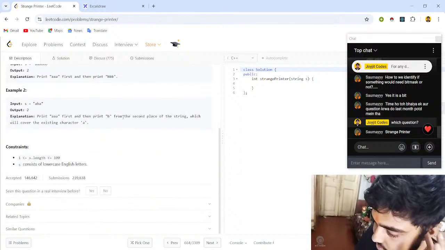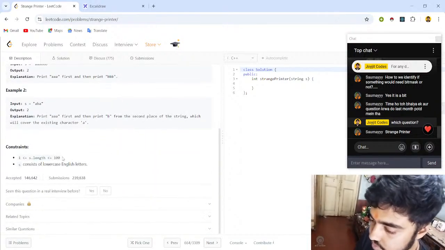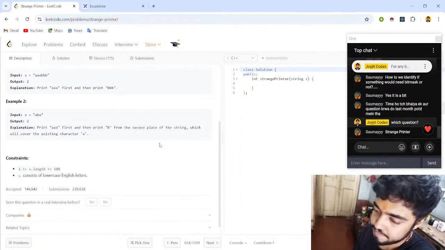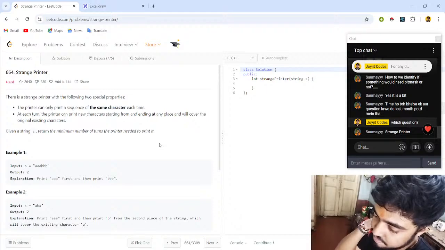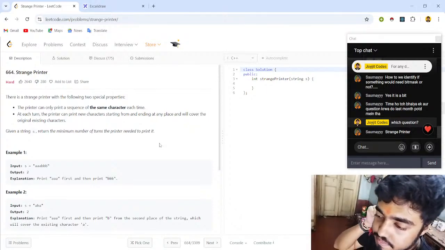Was it recursive? It's given as 100. I think this will take me time. Okay, this will take me time.